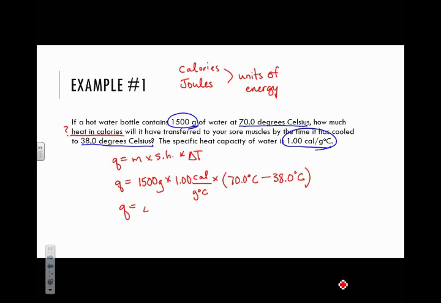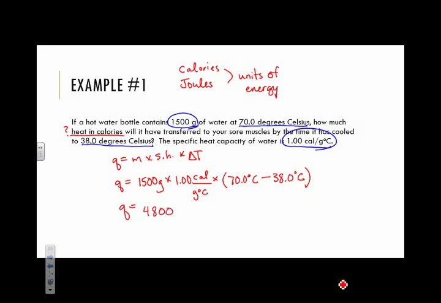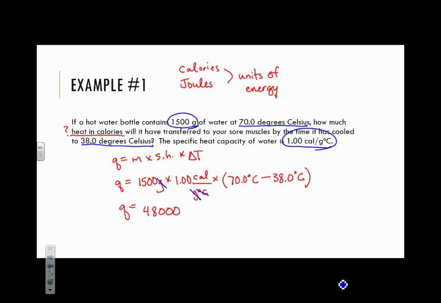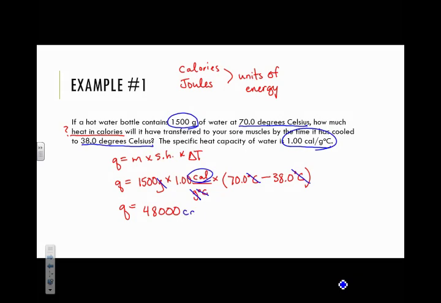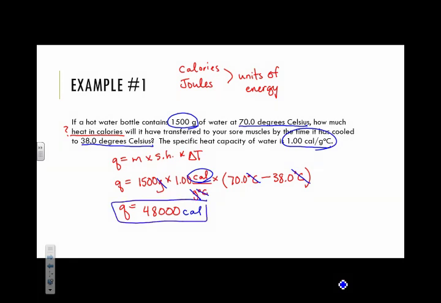And that gives me 48,000. Now check your units here. Grams canceled out here, and degrees Celsius canceled out there, so I have calories as my end unit. I also want to check significant figures. I see that 1,500 only had 2 sig figs, so 2 sig figs in my answer, and I'm good to go.